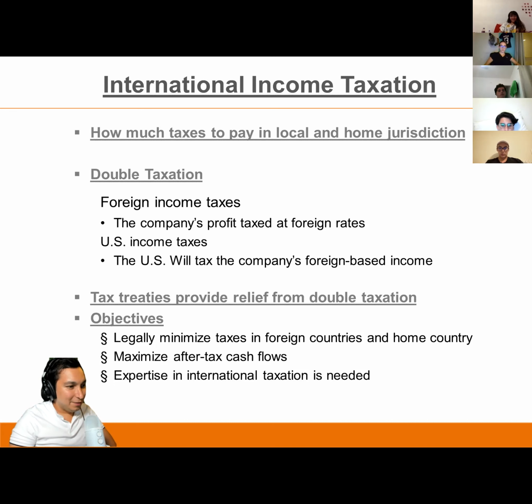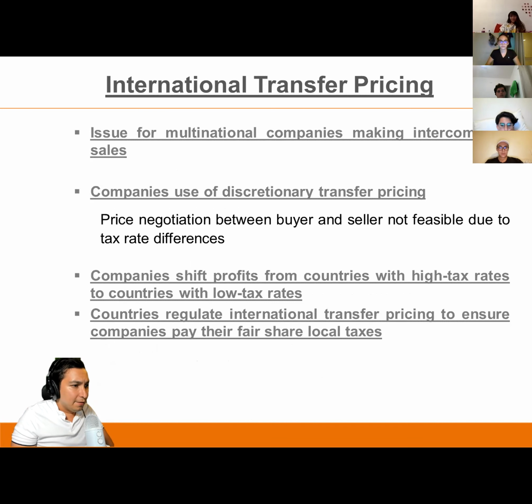The objectives are to legally minimize taxes in foreign and home countries and maximize after-tax cash flows. There are a lot of tax havens, there's even an economic study regarding that, a whole institute evaluating all the tax havens, because there are like 50. Expertise in international taxation is needed. Okay, perfect, we just established that.